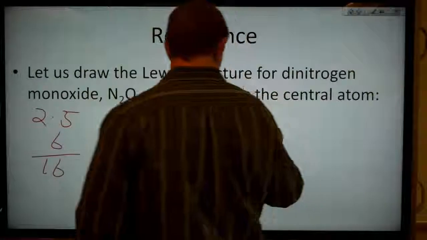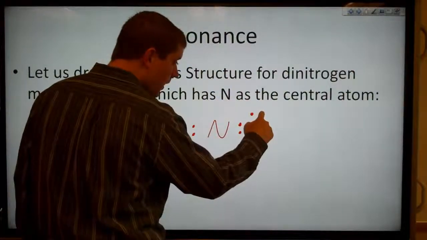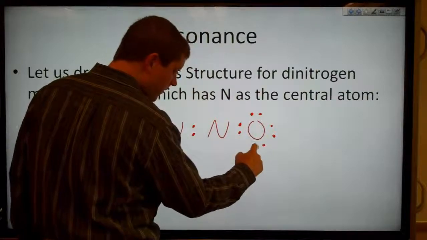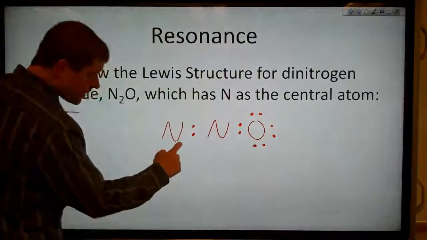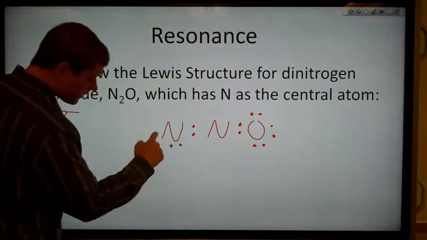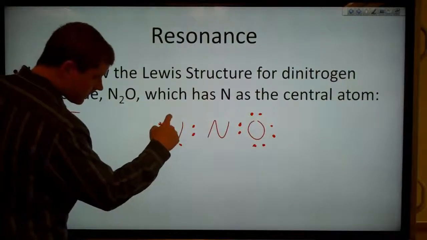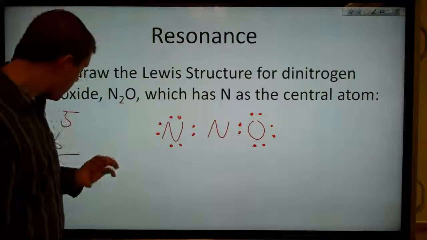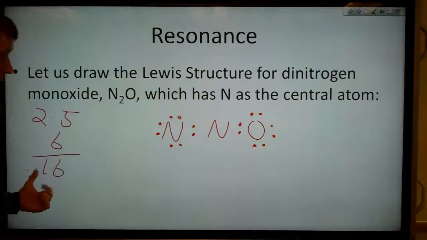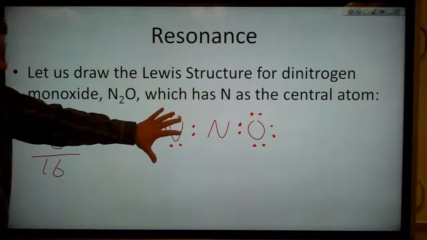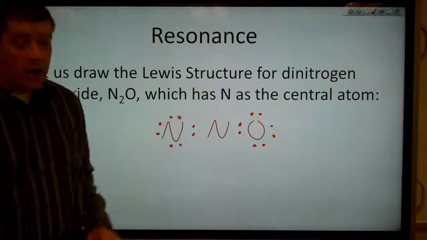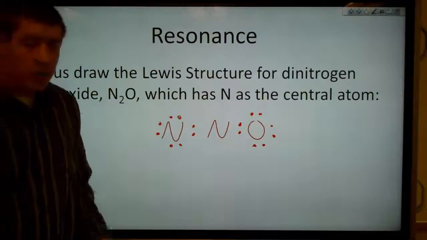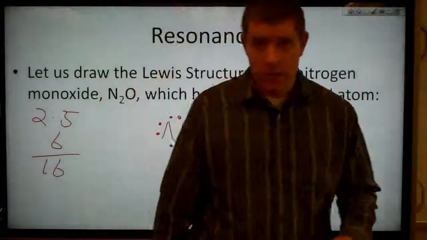I'm going to start by adding some to the oxygen, and I'll add some to this nitrogen. So now we have 16 valence electrons in there. And we have 8 on this nitrogen, and we have 8 on that oxygen, but we only have 4 on the central nitrogen.